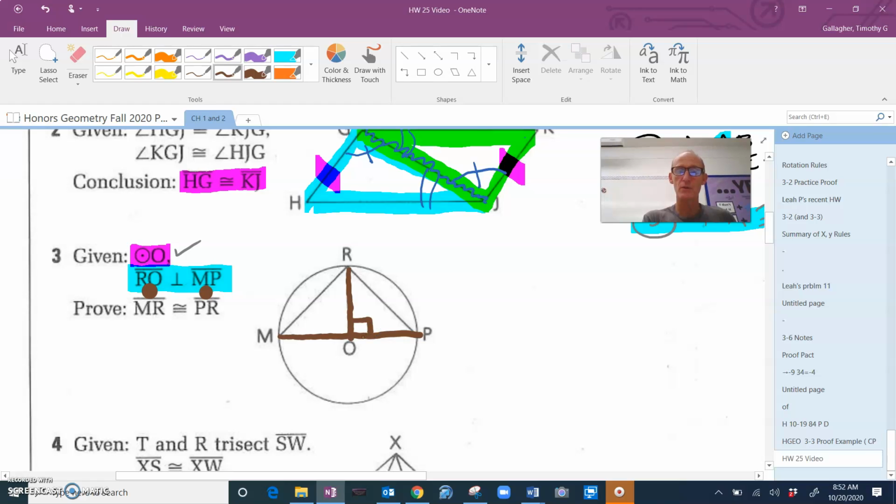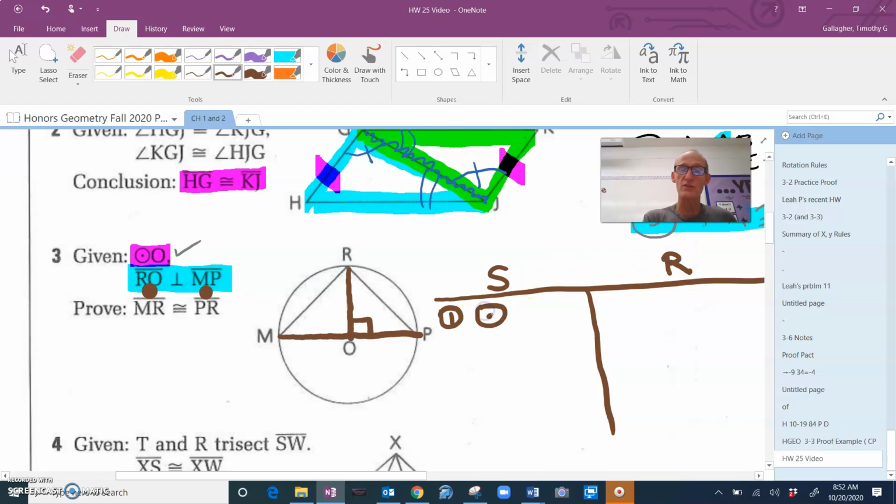Okay? So for this proof, you're going to say a couple of things. You have to write your first statement and your first reason as the circle with the center O. That's what that means.